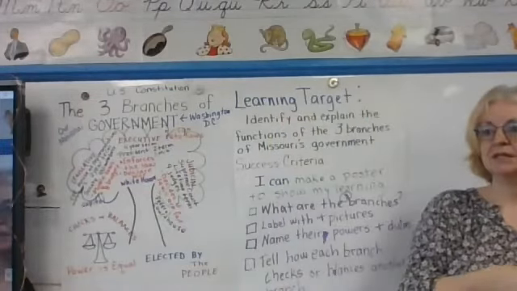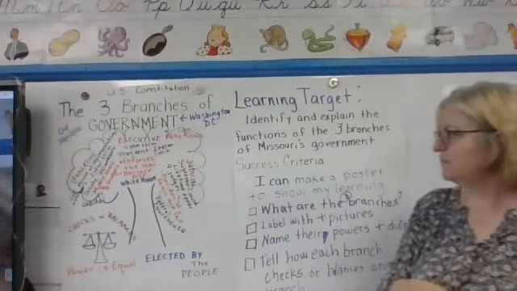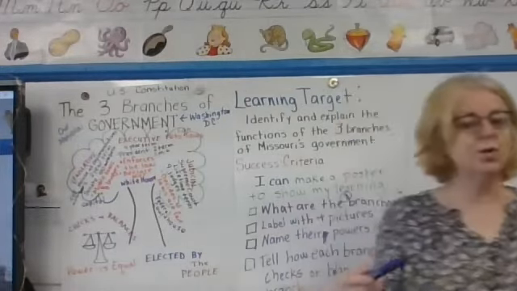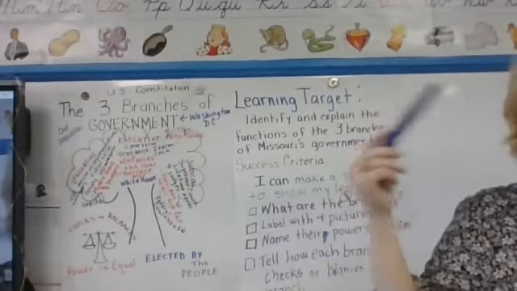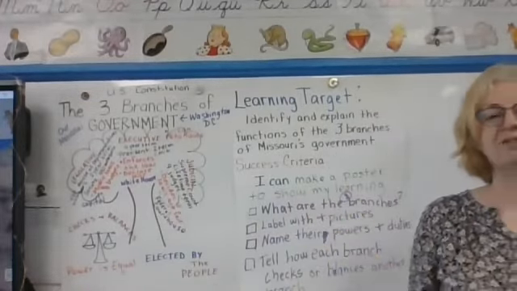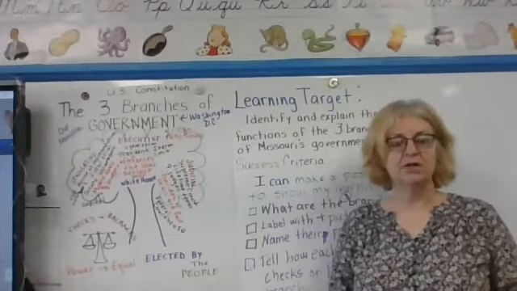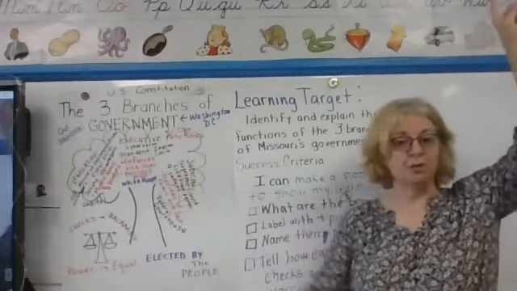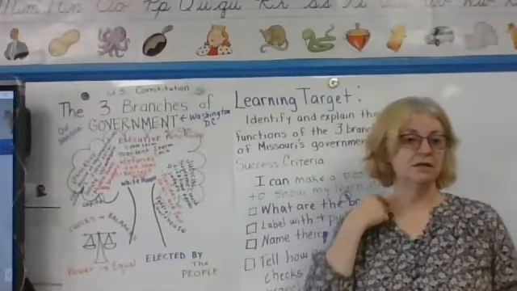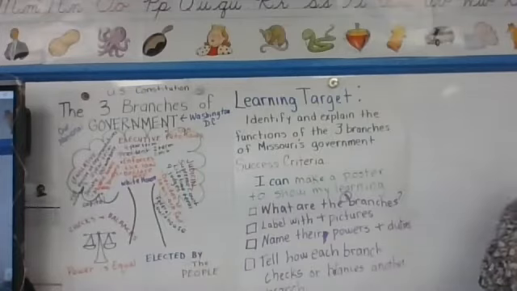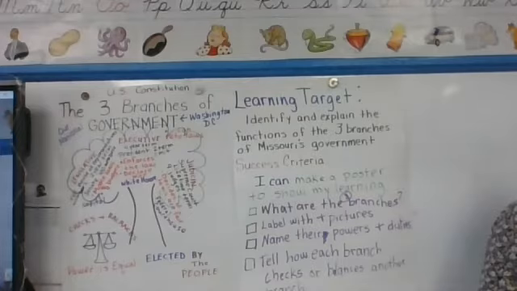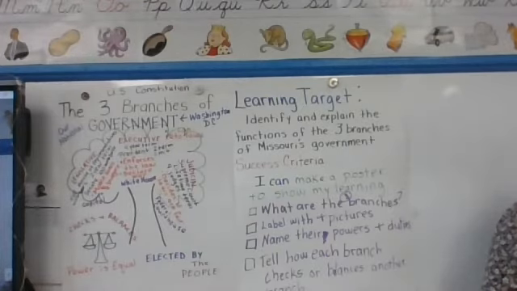And Natalie. Okay, both of those. And then who in the national level is the leader of the executive branch? Audrey? We're talking about the national level in the poster we already did. Eli, who's the leader on the national level of our government? Do you remember, Chase? Who's our leader right now?